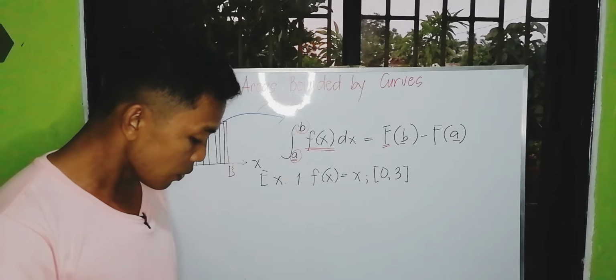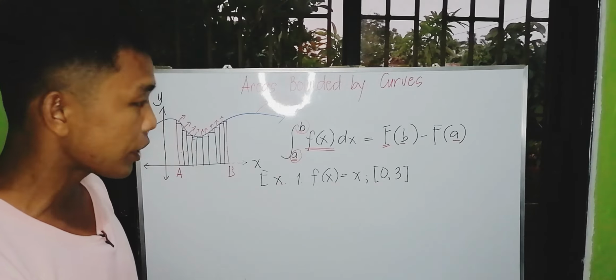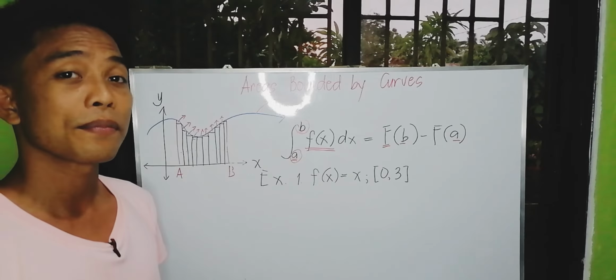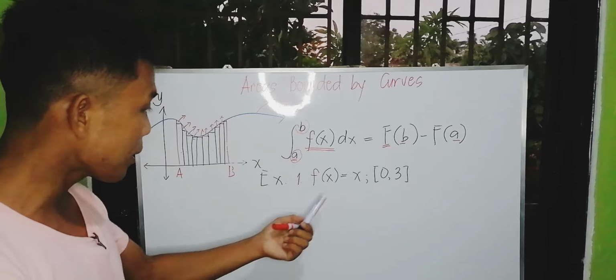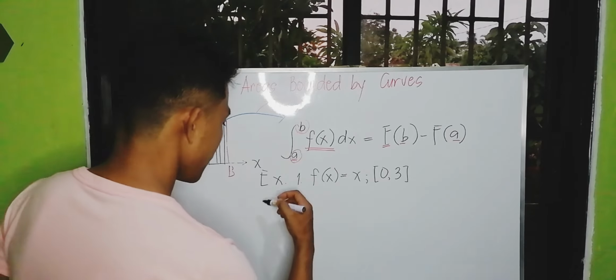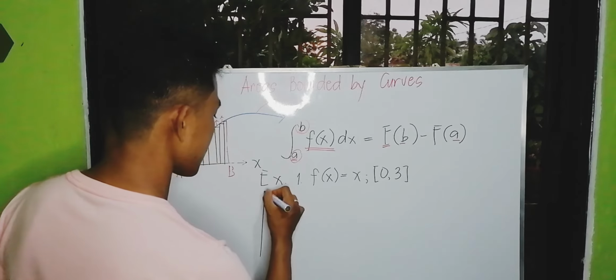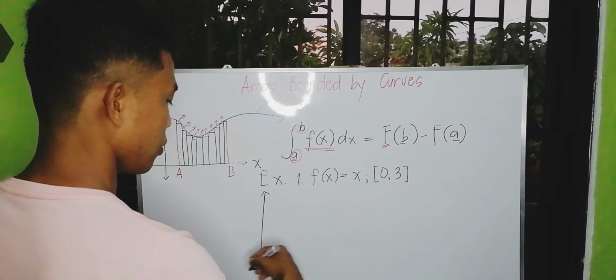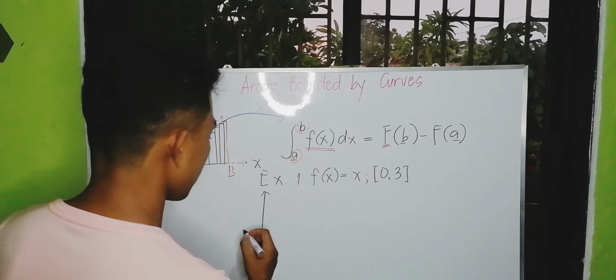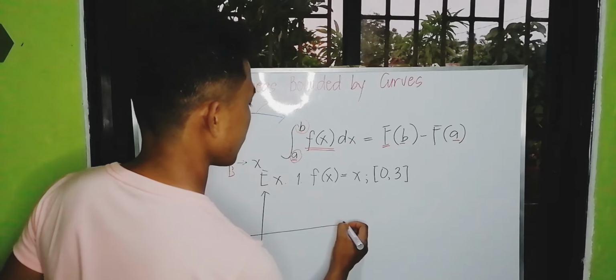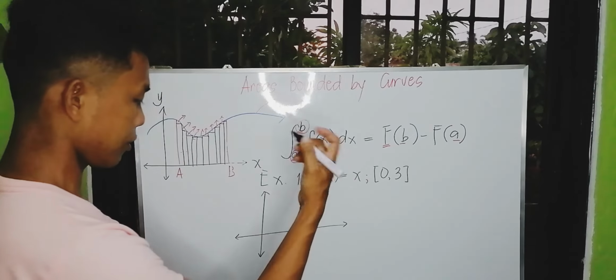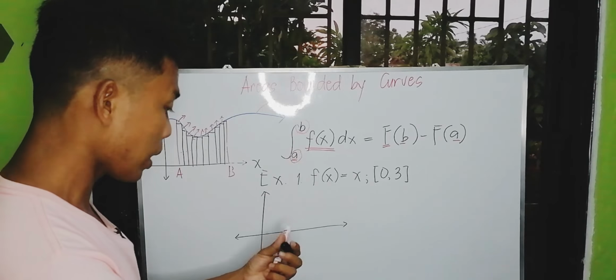So, ang una mong gagawin, kung yan lang ang binigay sa'yo na information, magga-graph ka. Okay, gagawin mo muna yung graph ng function na sinabi. So, we can make use of this illustration. Medyo freehand lang po ito, kaya hindi siya masyadong accurate yung illustration. Okay, but the computations will be.